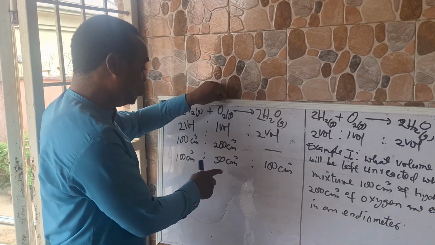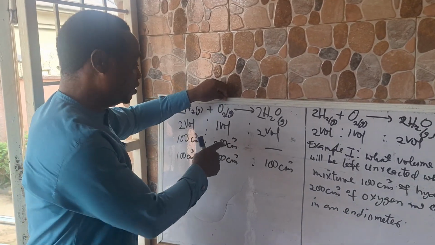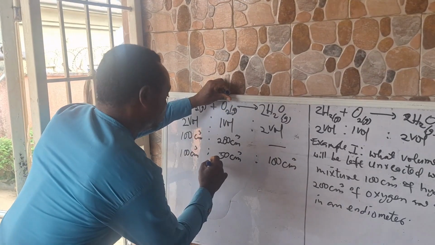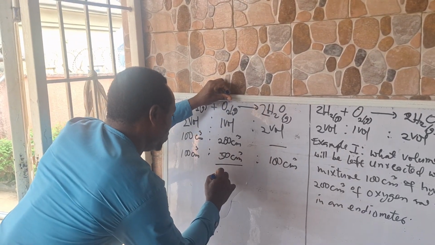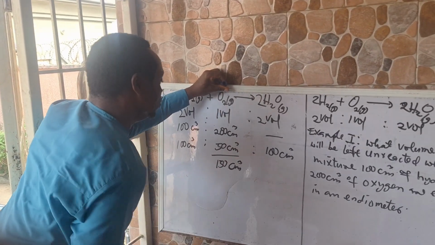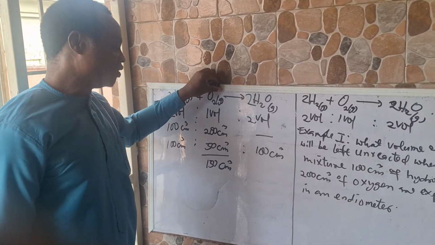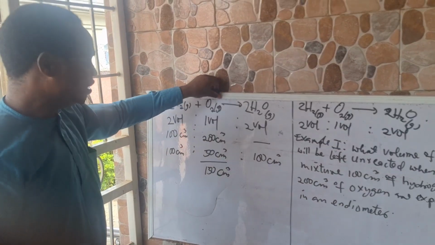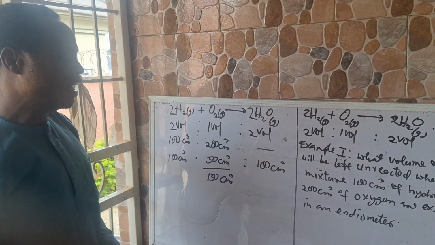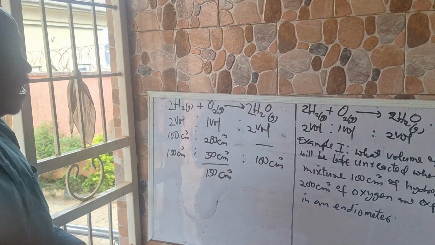You subtract the volume you got after reaction from the given volume before the reaction, which is 200 minus 50, which is 150 cm³. So the excess gas here is 150 cm³.